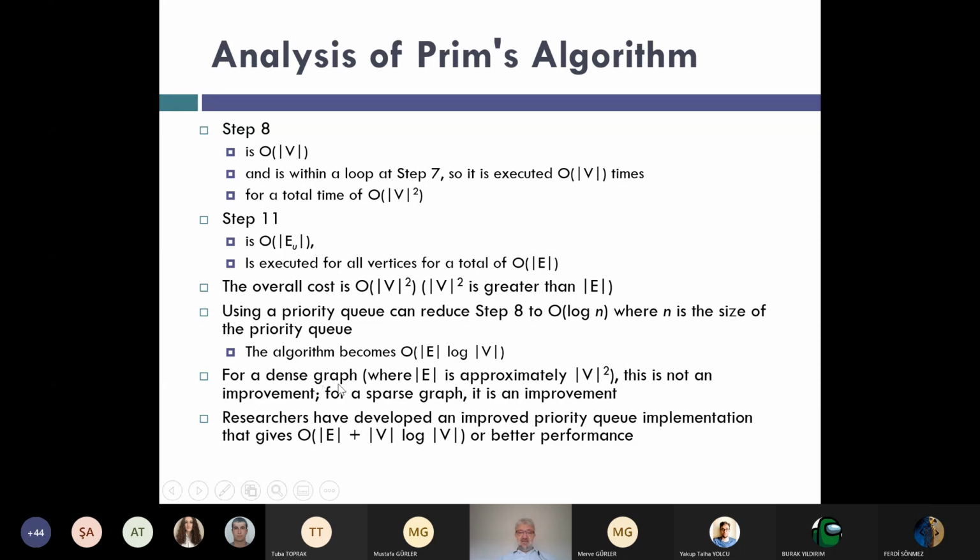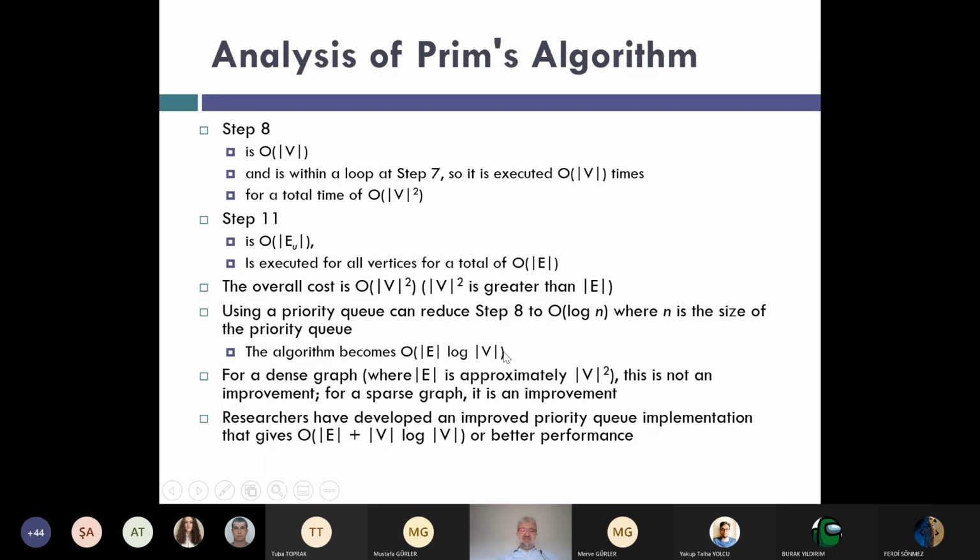So for a dense graph, excuse me, it is n squared with the adjacency matrix representation. For the sparse graph, it is m log n with the priority queue.